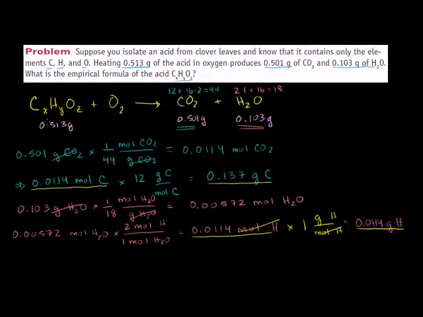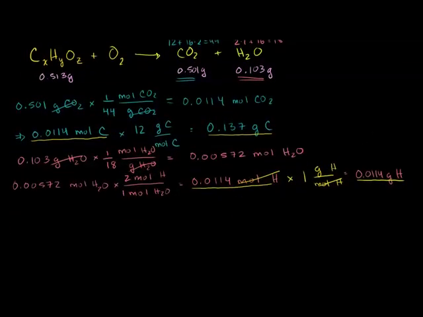And to do that, we have a total of 0.513 grams of this thing. We subtract out how much of it is carbon, how much of it is hydrogen, and that'll tell us how much is oxygen. So let me scroll down a little bit. If we want to figure out how much is oxygen, we literally just take 0.513 grams, let me just write it this way, minus the grams of carbon, so minus 0.137.